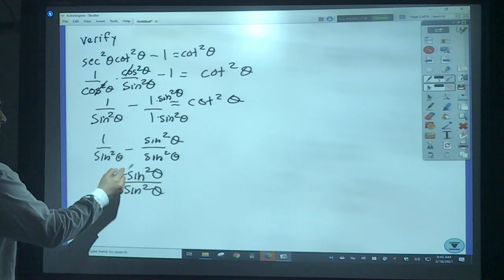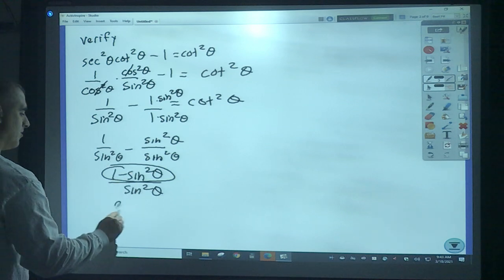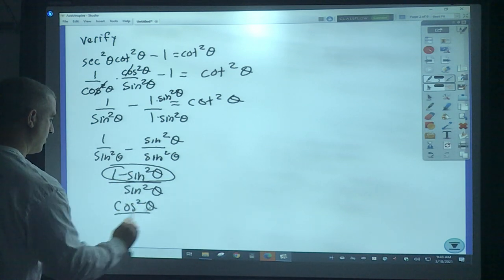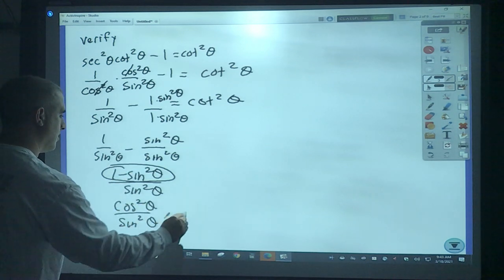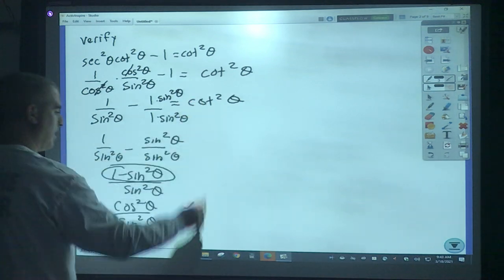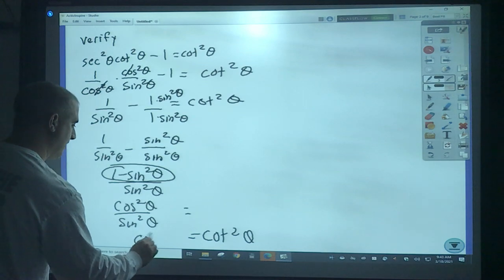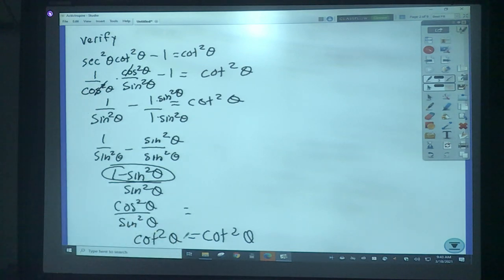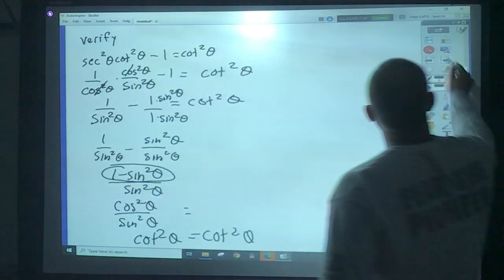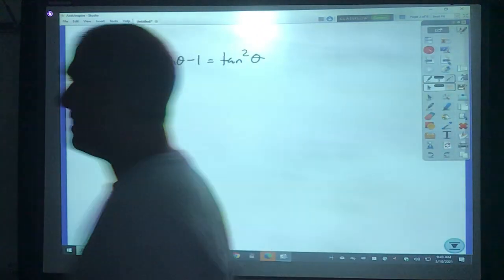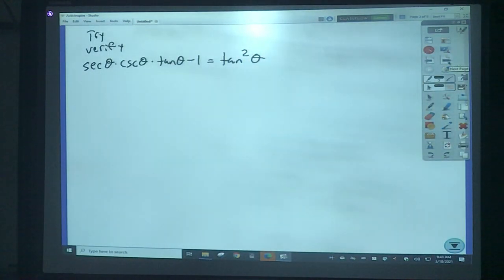Now this part will be my identity. That is going to be cosine squared. Now, how do I know when to stop? Well, I know this has to equal cotangent squared, and this already equals cotangent squared. So I'm good.